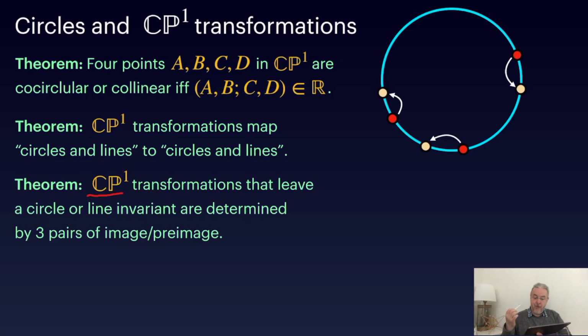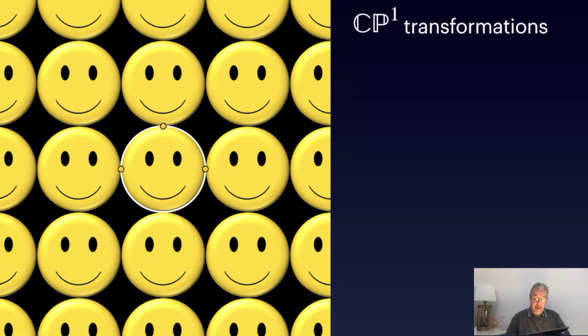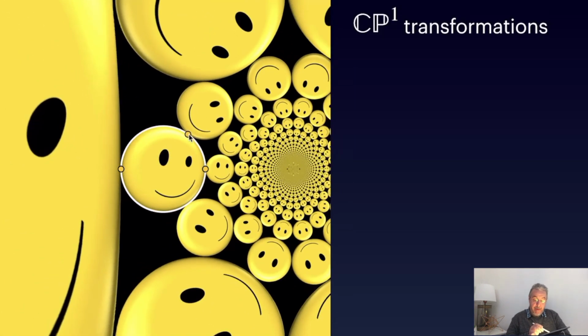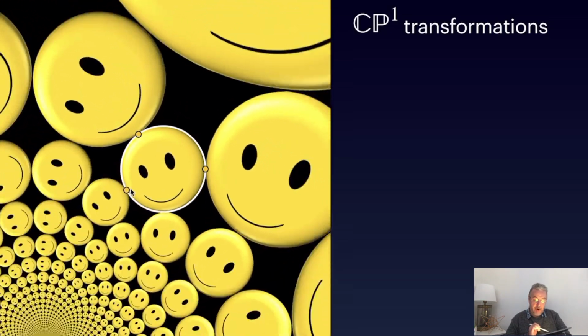And what we are heading at is that this map on the circle behaves very similar to what we had if this circle is considered as a conic in RP2, but inside and outside of the circle, these maps will behave very differently. For that, let me start with a little movie of CP1 transformations that leave a circle invariant. You remember we had a very similar thing when we were studying RP2 transformations that left a conic invariant.